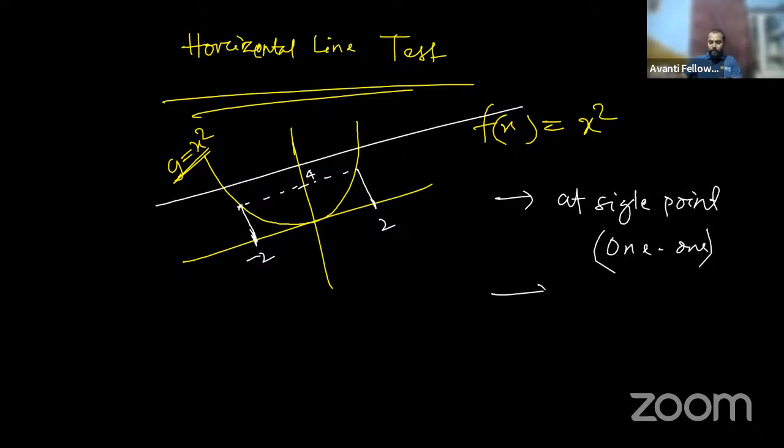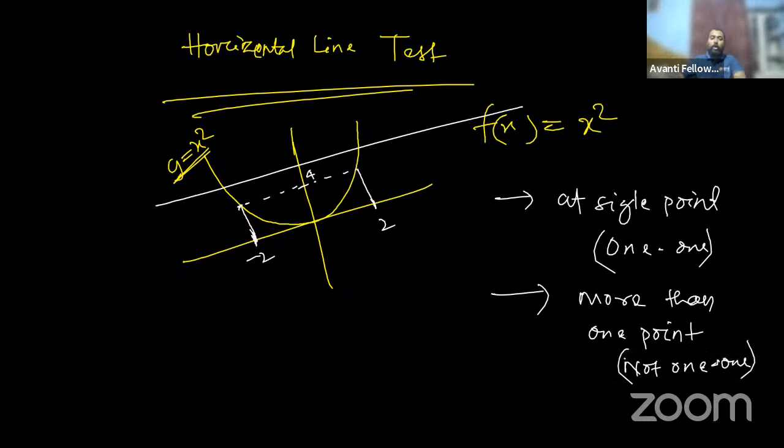If it is intersecting at more than 1 point, make note of all these things, more than 1 point, then it is not 1-1. Right? It is not 1-1.